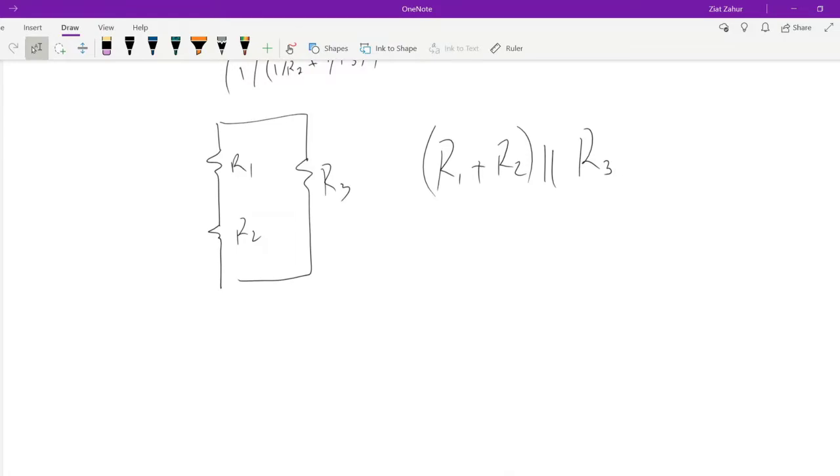So in figure 3, we see that R1 is by itself, and it's in parallel to the combination of 2 and 3. But 2 and 3 are in series because there's only one pathway.